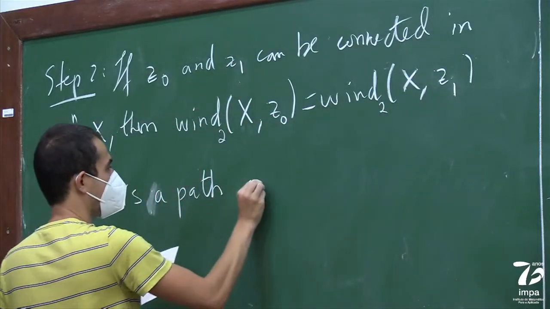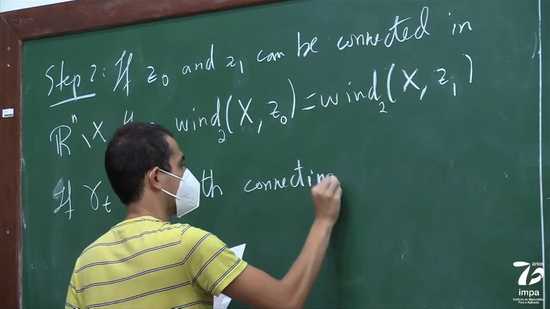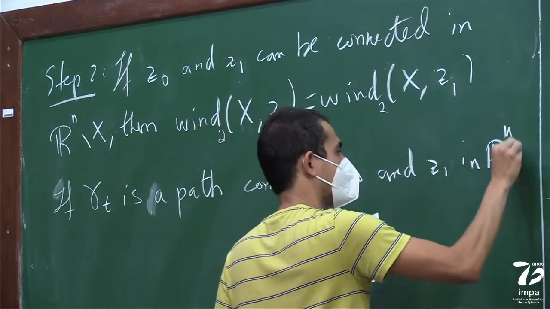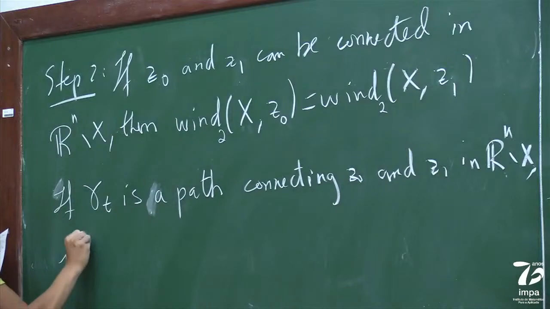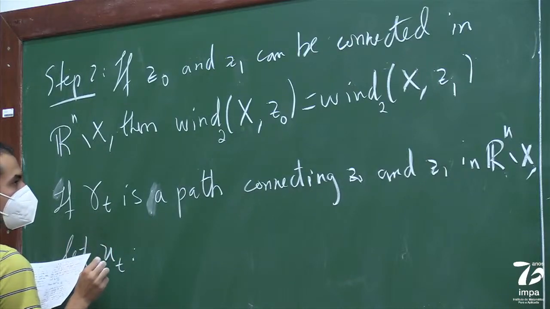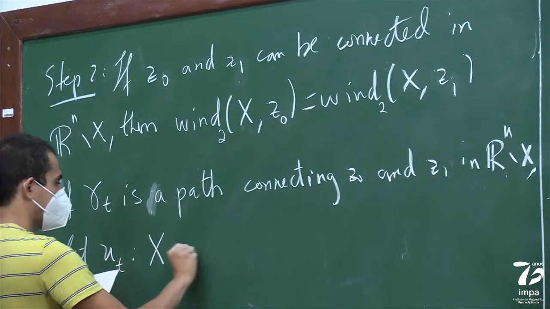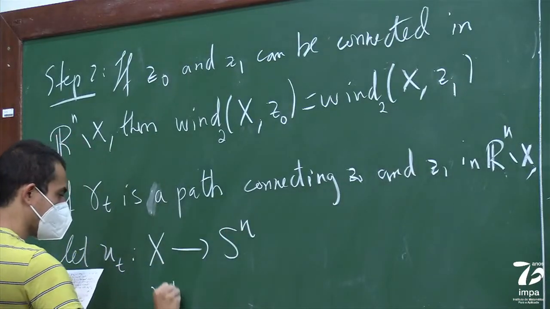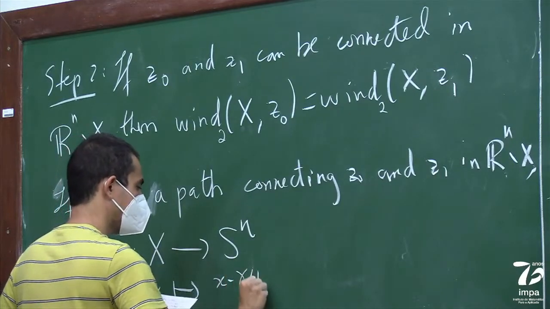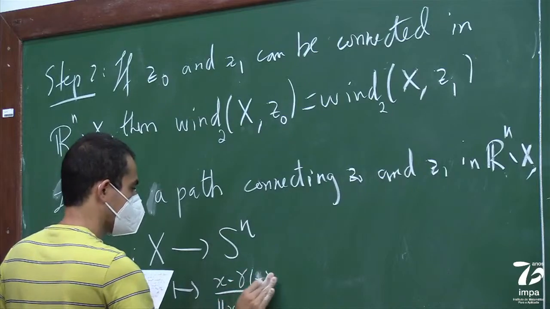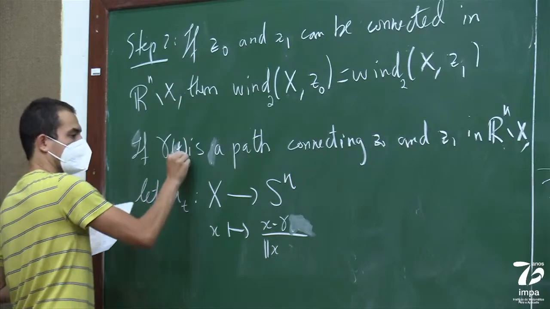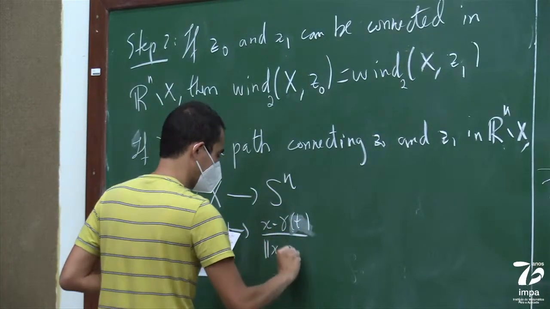So if gamma t is a path connecting z0 and z1 in Rn minus x, we can define u t, which is a map from x to Sn that takes little x to x minus gamma of t divided by norm of x minus gamma of t.